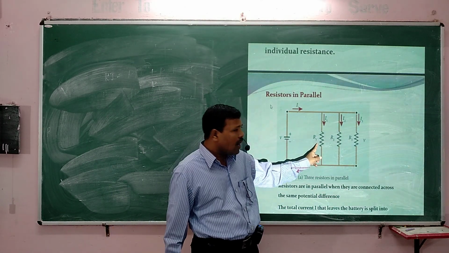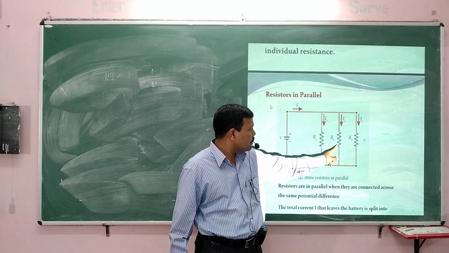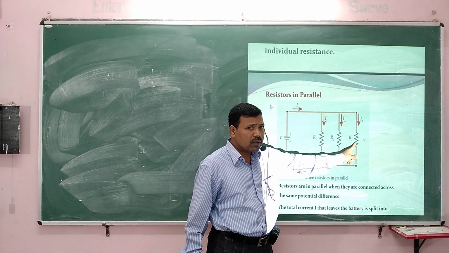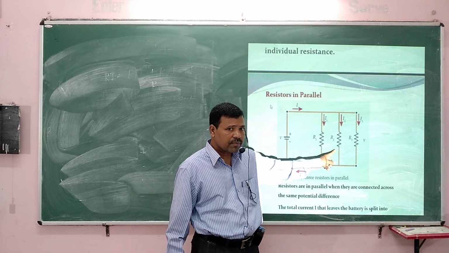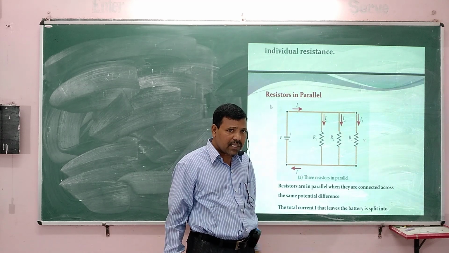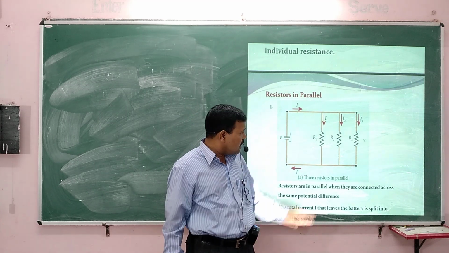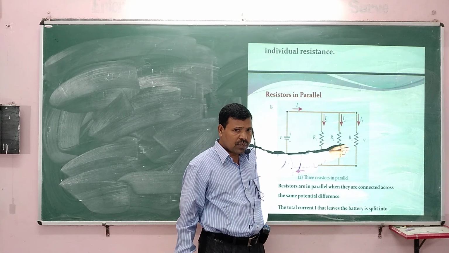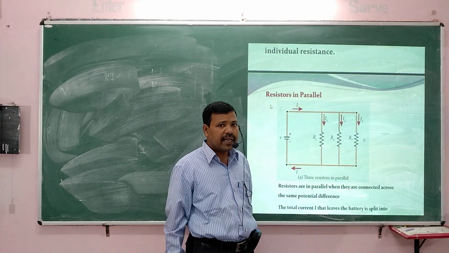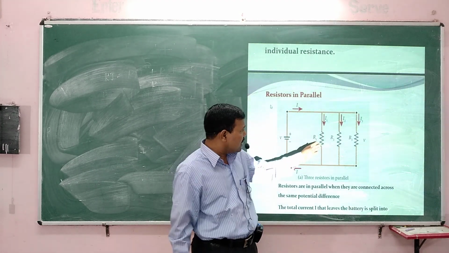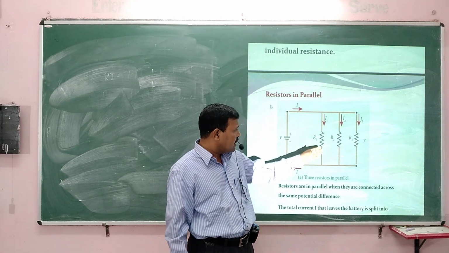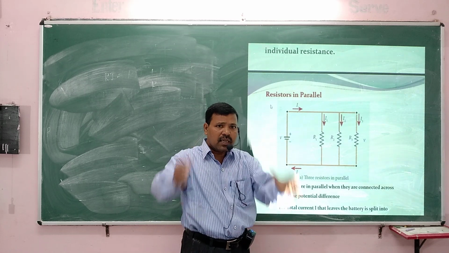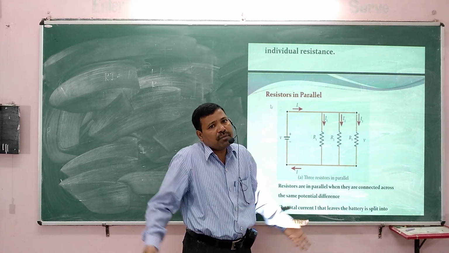Remember, R1 is parallel to R2, R2 is parallel to R3. There are three resistors here. In our domestic circuit, in place of resistors, tube lights or some electrical appliances are connected, and the domestic circuit is a parallel combination of resistors.